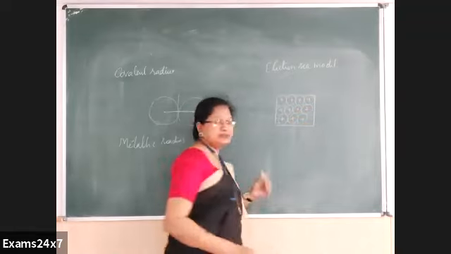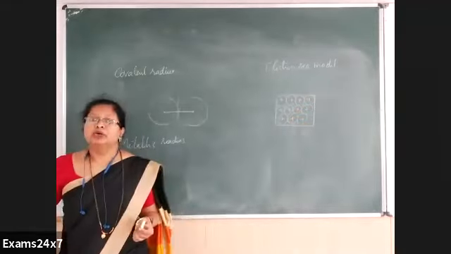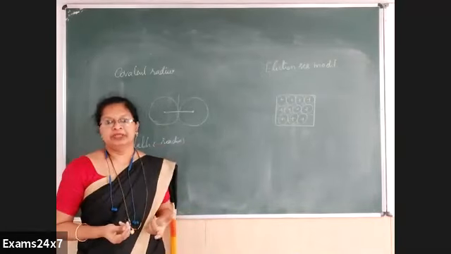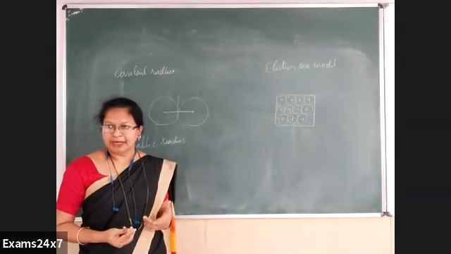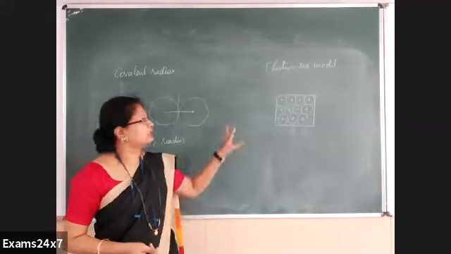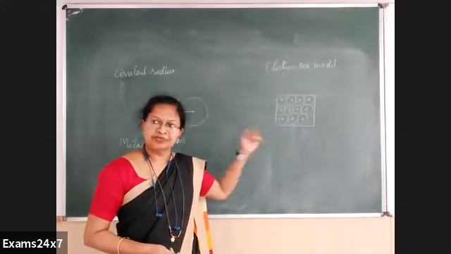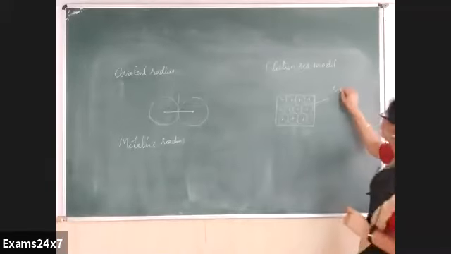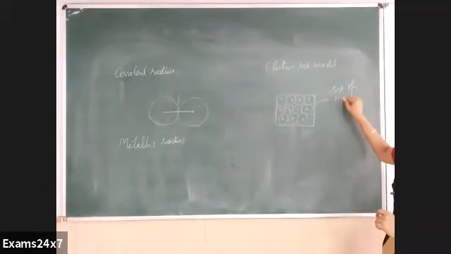Now those electrons which are lost by the metal no more belong to that metal atom or metal ion. They are free to move anywhere. That is why these electrons are compared to sea water. As water flows in the sea, these electrons flow in the metal, free to flow. Hence, these electrons are called a sea of mobile electrons.